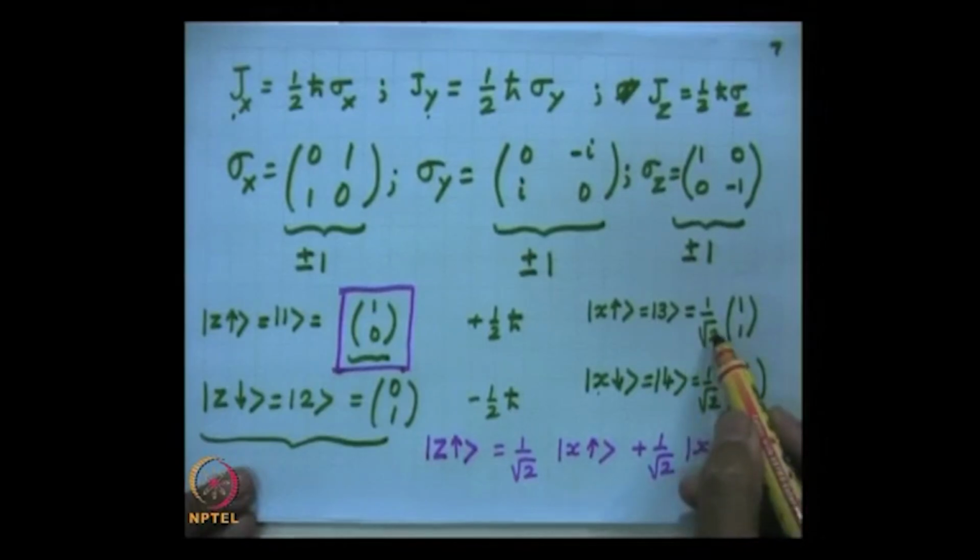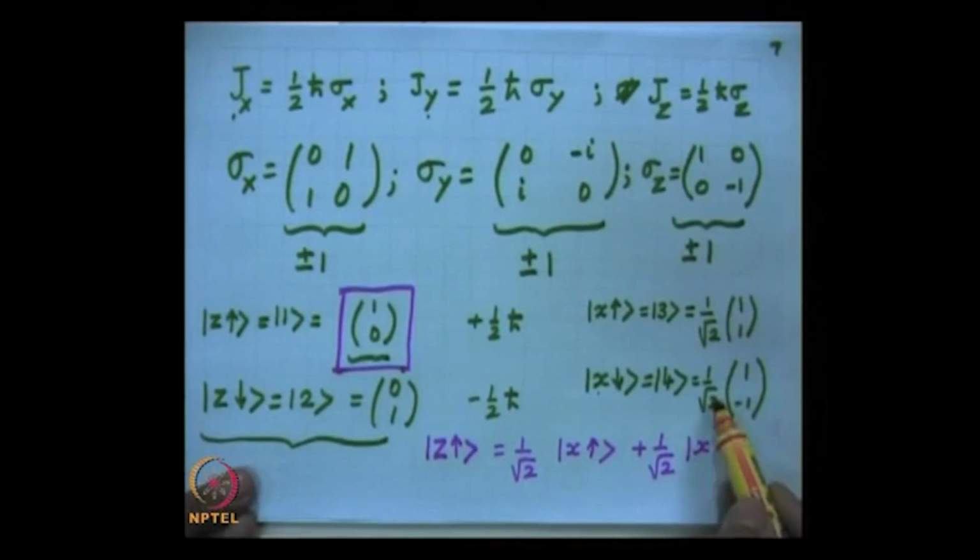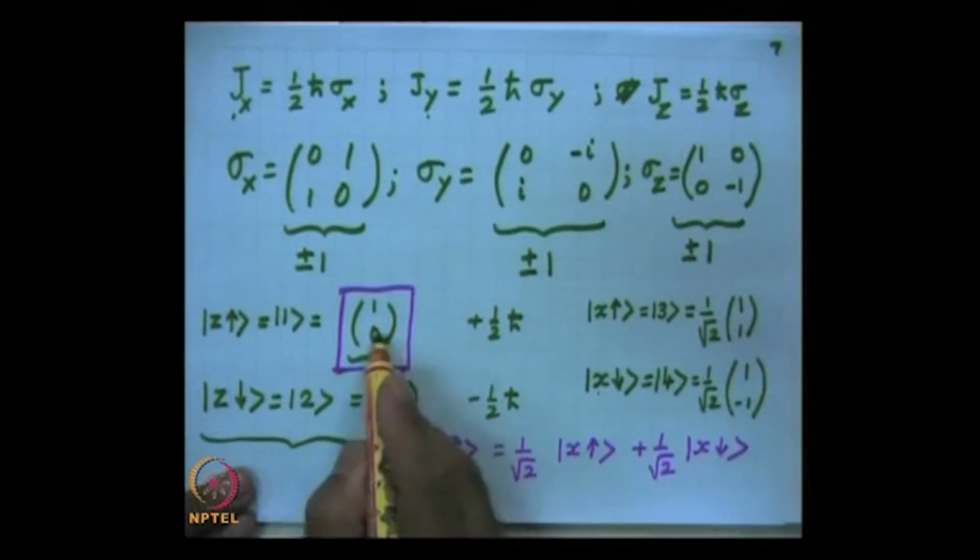If you multiply this by 1 by root 2, I will get half (1, 1). If I multiply this by 1 by root 2, I get half (1, minus 1). If I add these two up, the second row will vanish and you will get (1, 0).